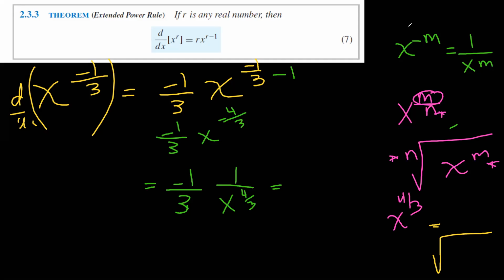Who can tell me? x to the power 4 under the cubic root. Thank you. So here, I can write it as negative 1 over 3, then cubic root of x raised to the power 4. Is it clear now? Yes, teacher.